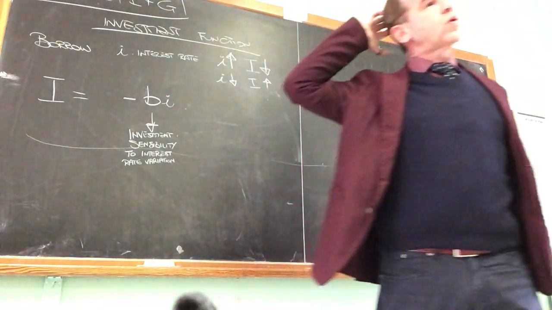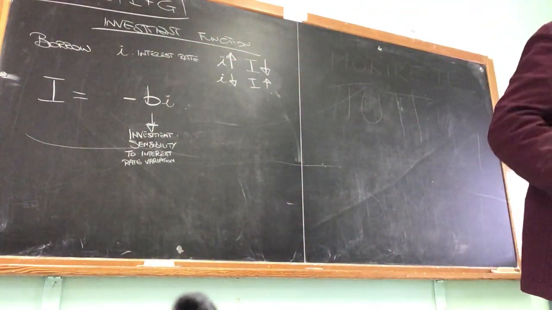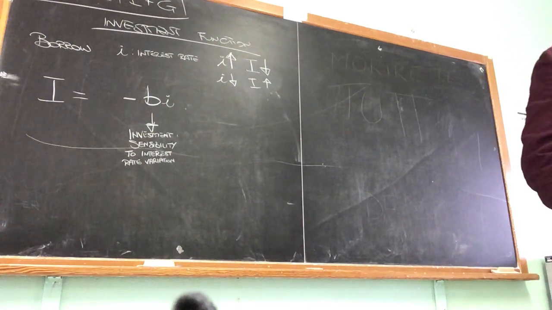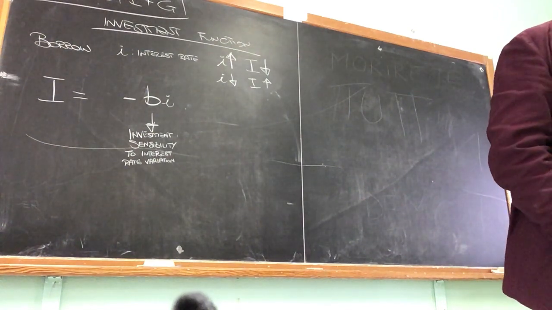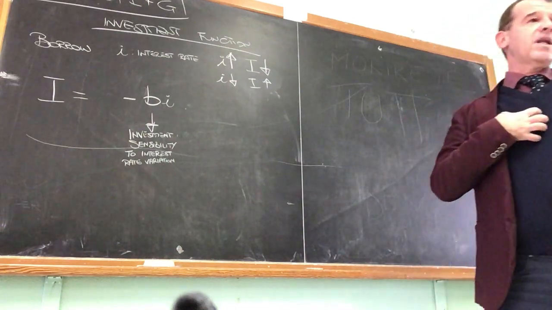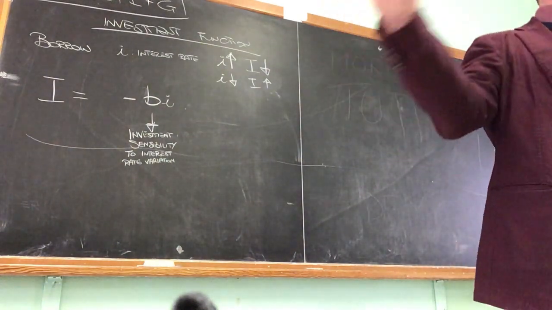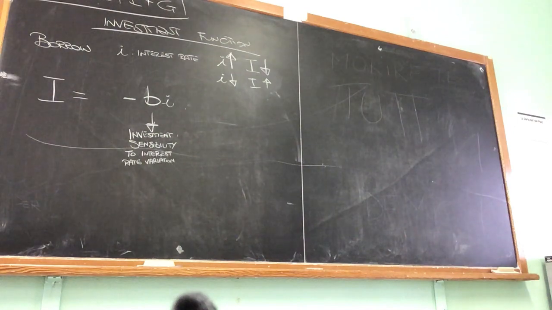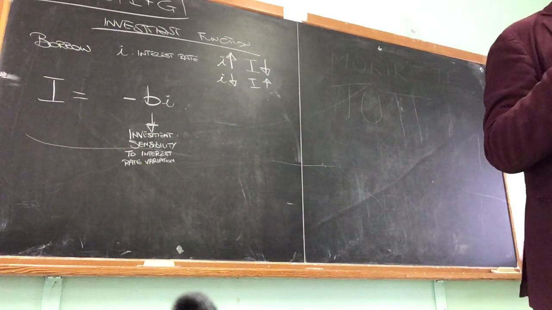B, as it was C before, is data that is available for each country, right? And it is the sensitivity of the operators, so of the companies, to variation of the interest rate.